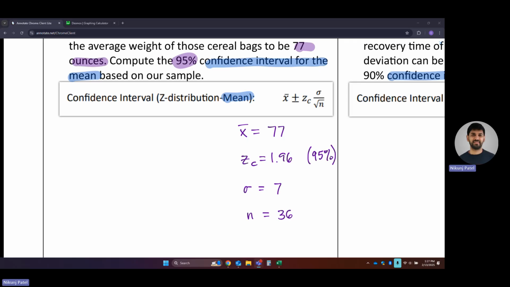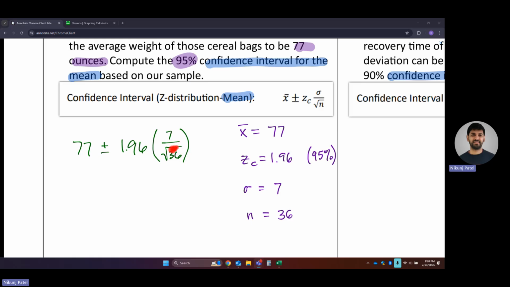So now all we need to do is plug these 4 values into our formula right here. So setting that up correctly, we should have the setup look like this: 77 plus or minus z critical, which is 1.96, multiplied by 7 divided by the square root of 36, just like that.